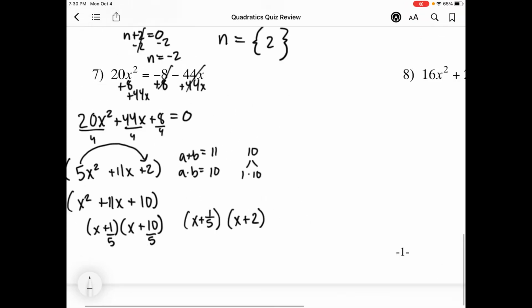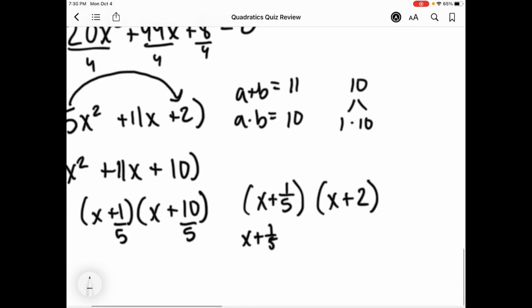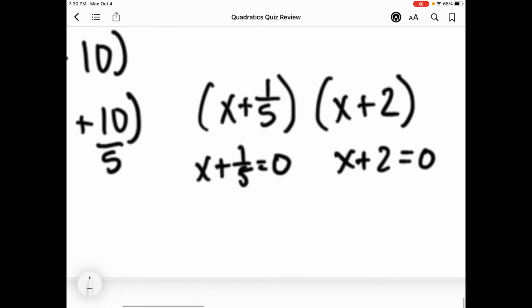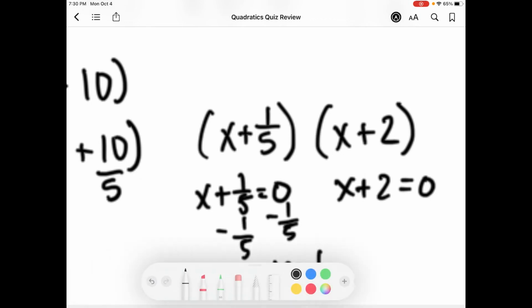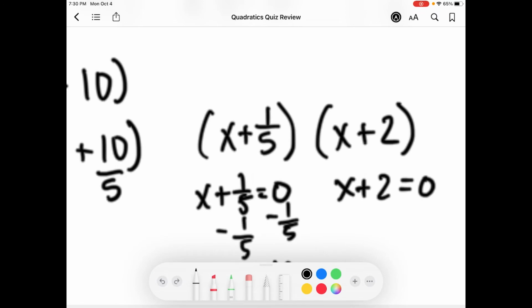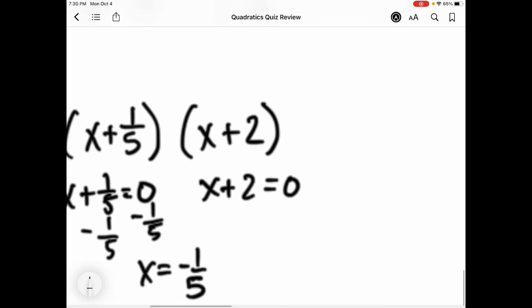Now we set both of those factors equal to 0. x plus 1 over 5 equals 0, and x plus 2 equals 0. I'm going to subtract 1 over 5 from both sides, and we get x equals negative 1 over 5, since we subtracted it. And then over here, we're going to subtract 2 from both sides.